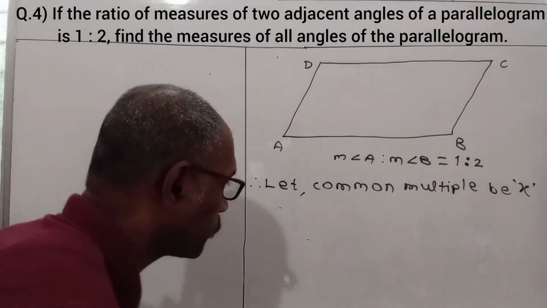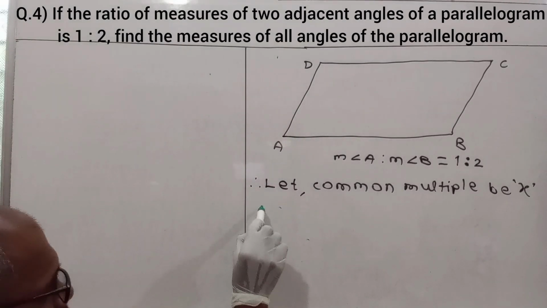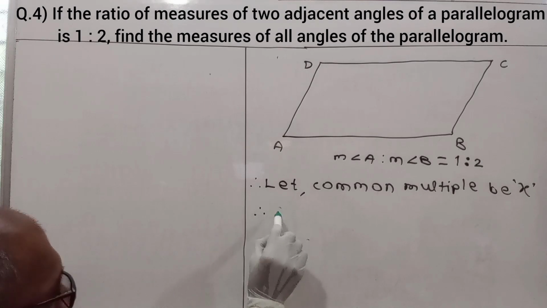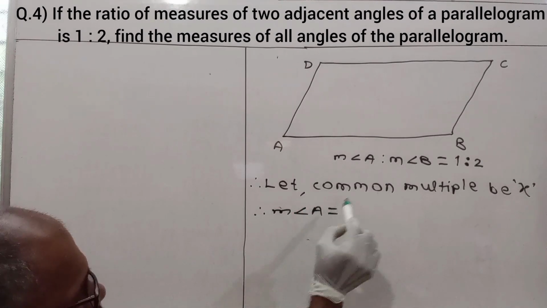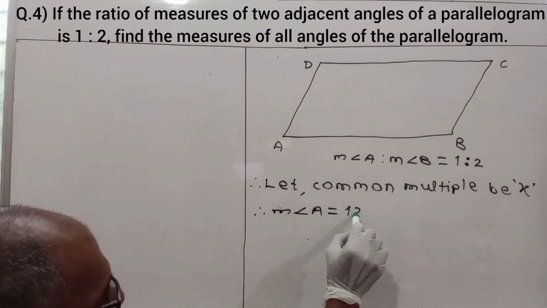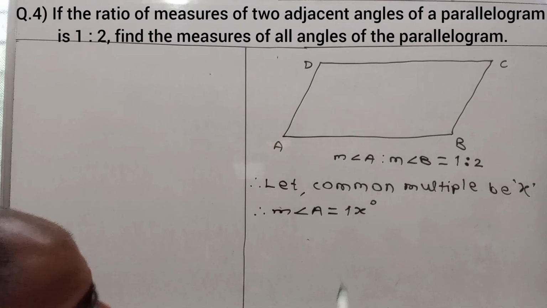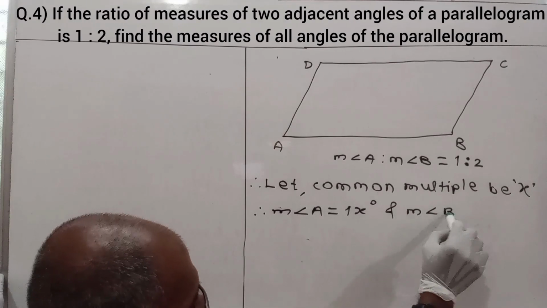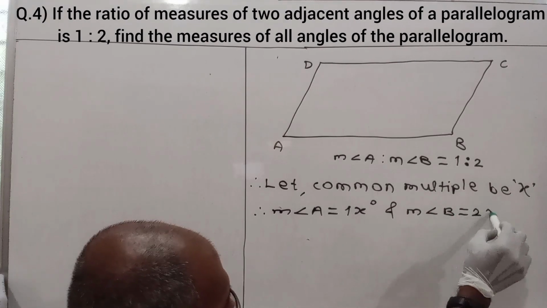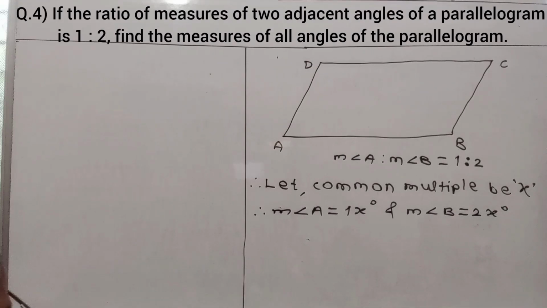Multiple be x. Therefore, measure of angle A is equal to 1x degree, and measure of angle B is equal to 2x degree.